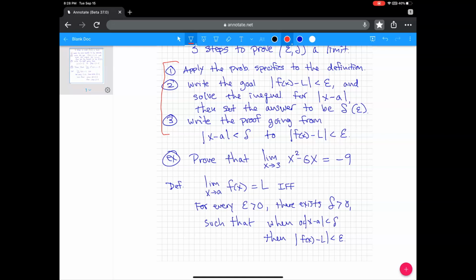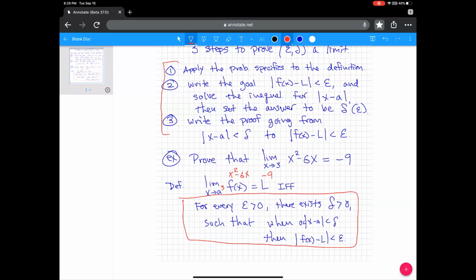And basically, to apply those specifics to the problem, we rewrite what the definition would say if this specific problem was what it was being applied to. So I'm going to rewrite this by saying that the L is now negative 9, the f of x is x squared minus 6x, and that a is now a 3.